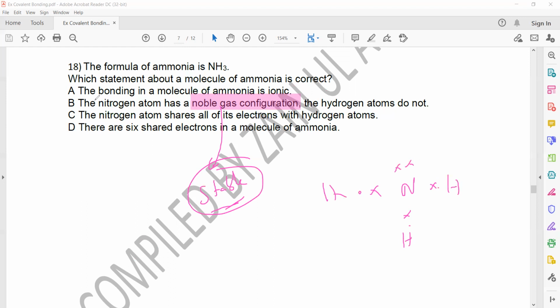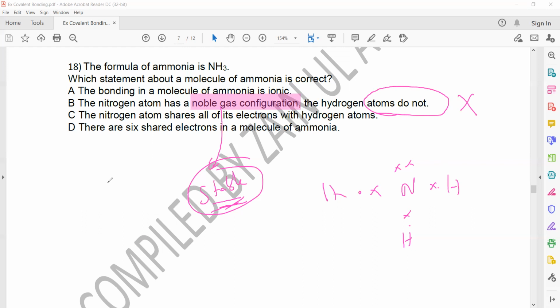But in this statement, what they're saying is that the nitrogen atom has noble gas configuration, or is stable, but hydrogen atoms do not, or are not stable. That is what they mean. But it is wrong because whenever the bond is formed, both atoms gain stability, or they become stable.